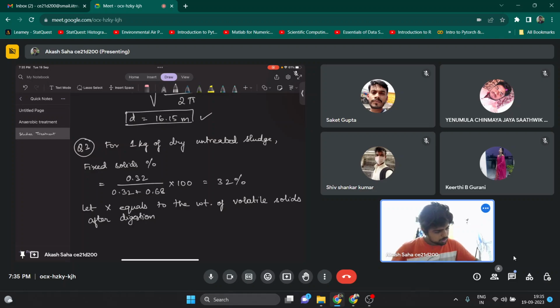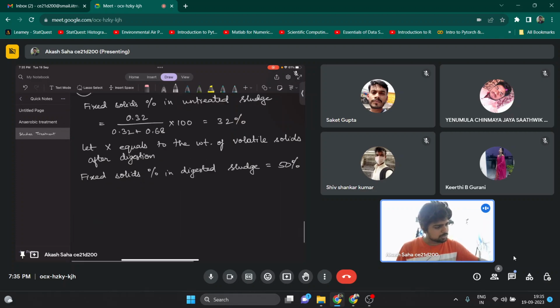So again, we calculate the fixed solids percentage. The earlier calculation was in untreated sludge. Now we will find the fixed solid percentage in digested sludge. In the question, it is given as 50%.